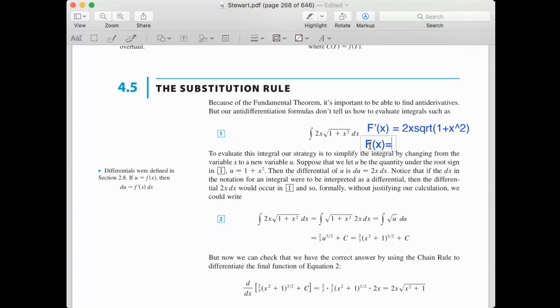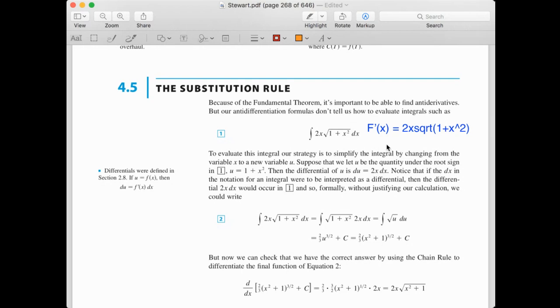The square root I can rewrite as something raised to the half. We can guess and check. Just make up an f, then differentiate it to see which one gives 2x square root of 1 plus x squared.